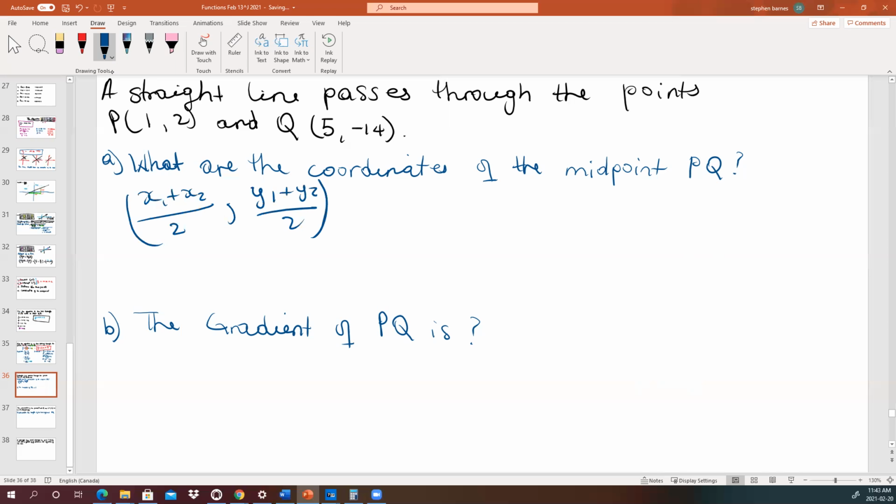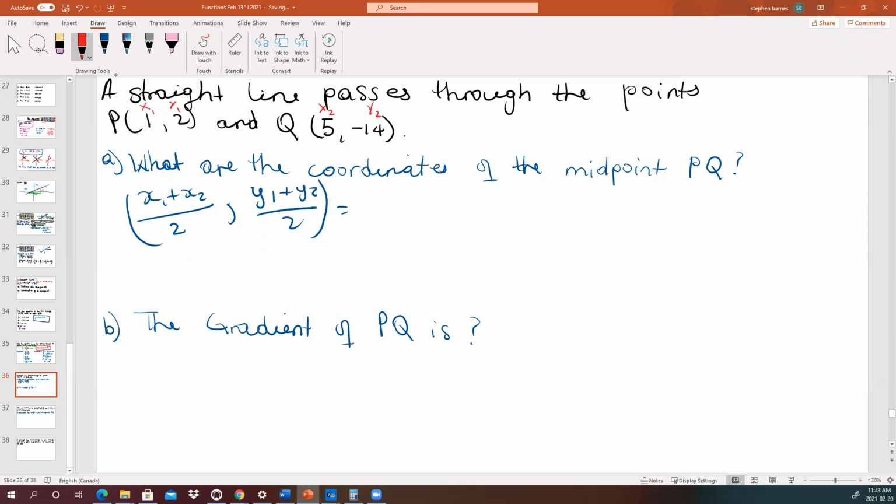It doesn't matter if you put the x2 first or the y2 first, because it's adding, so you're going to get the same answer. So let me just identify what they are. Let's call this x1, and this is y1. Call this x2, because it's our second point, and call this y2. So we have all our information there.